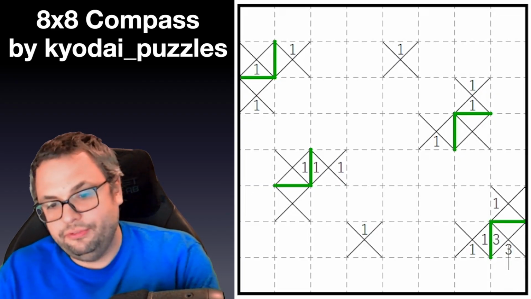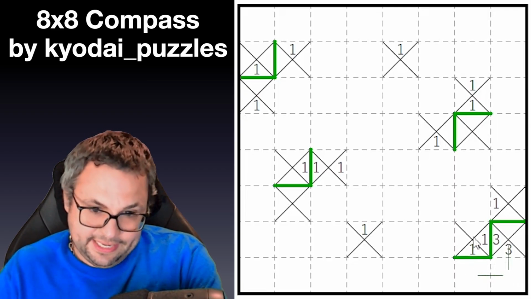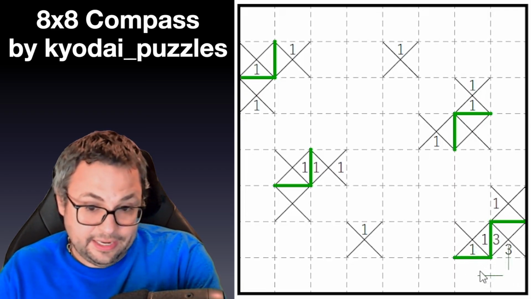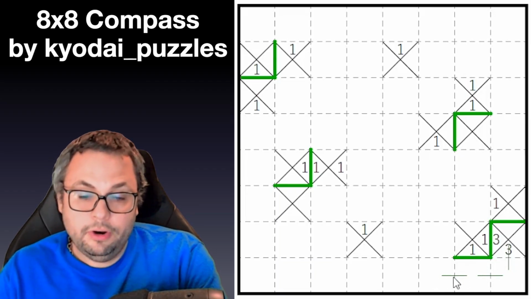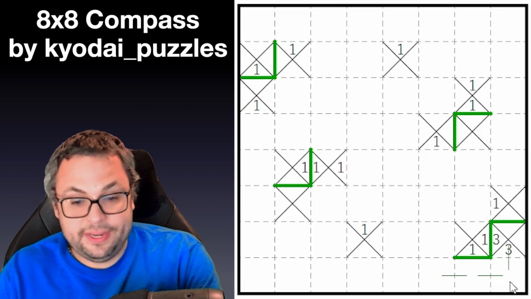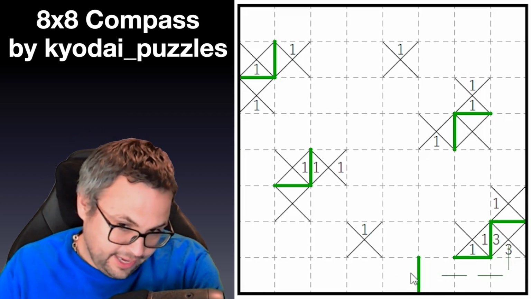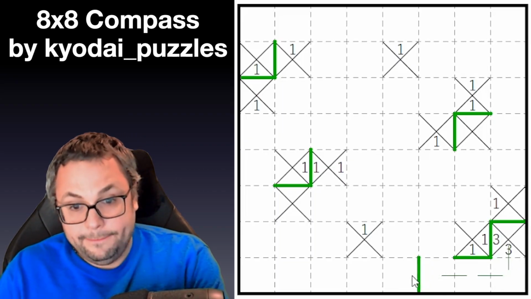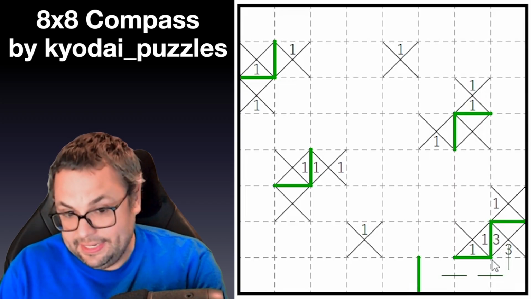So it definitely goes down, and it's not done, so it keeps going, and it can't connect to this, and it's not done, so it keeps going. But now notice it actually has 3 cells to the south, so it can't take this cell anymore. But it's not done because it doesn't have 3 cells to the east yet.